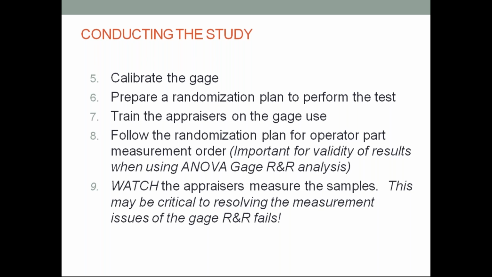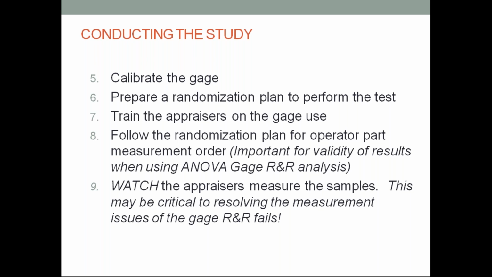Let's be fair. Unless you don't plan on training operators on how to use the gauge, and you get a real evaluation when a new operator uses it. But I think to be fair to the appraisers, you ought to at least show them, okay, this is how you use this gauge. And you should be able to do that in the future when you have a new operator using that gauge. You follow the randomization plan, which is important when using ANOVA, and ANOVA is the recommended technique now in AIAG.